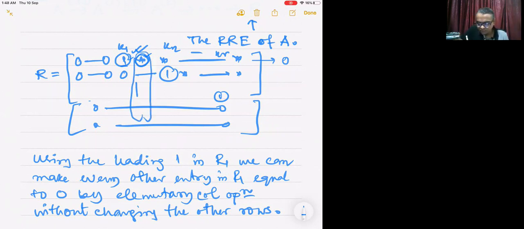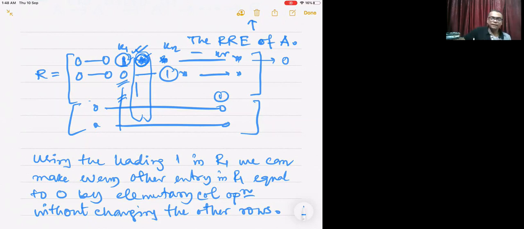Because these guys are all zeros, this 0 will appear everywhere here. No other rows will be changed, but this entry will be made 0. Similarly, I will make all the other entries 0 using this leading 1 by column operations, without changing any other rows.